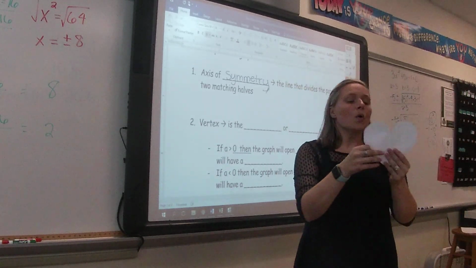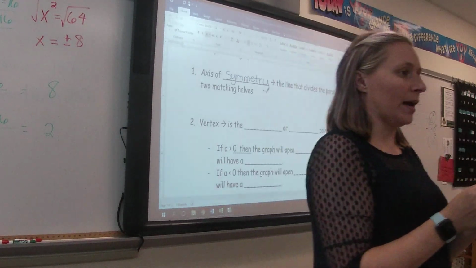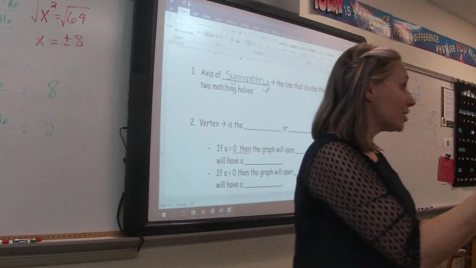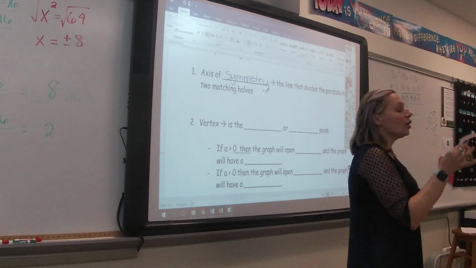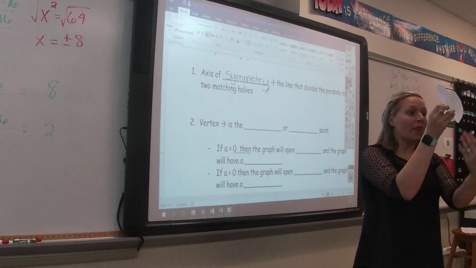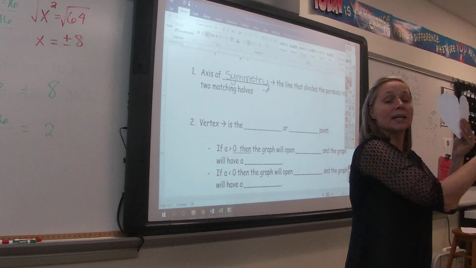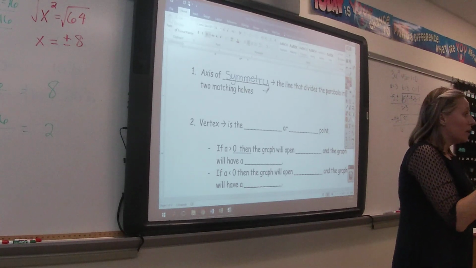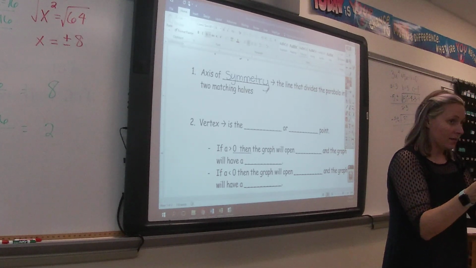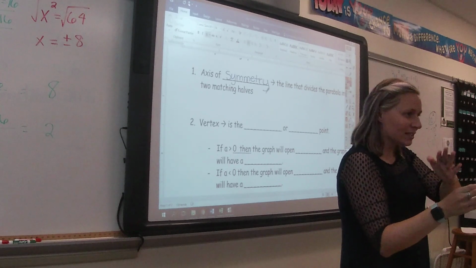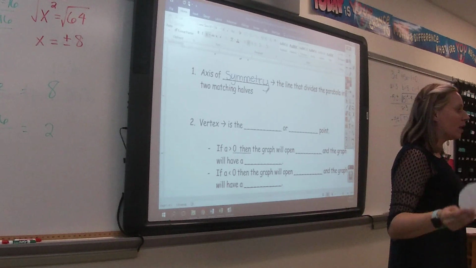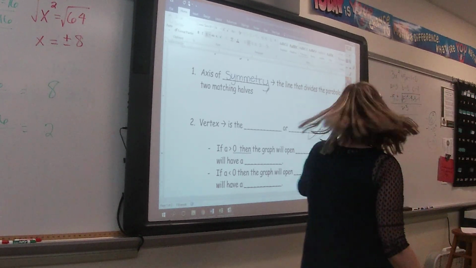A heart. Why did we fold the paper in half to start with? So each side looked exactly the same. A heart is a symmetric object when we draw that line down the middle. One side is exactly the same as the other. That's what makes a heart look pretty. When one side doesn't look exactly the same as the other, then you get the whole wonky thing. You're like, oh, that's terrible.